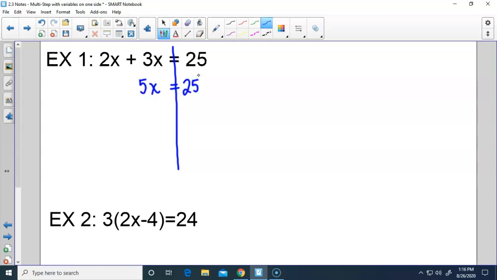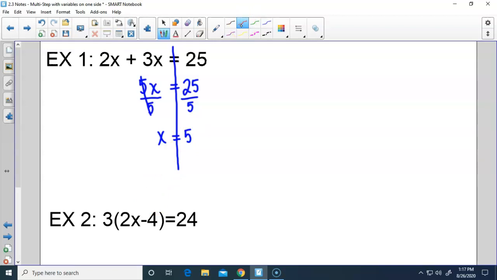And once you have combined like terms, at least for these problems, it's going to get you down to either a one or a two-step equation. So right here we have a really simple one-step equation. 5 times x, the opposite of multiplying is dividing, so I'm going to divide both sides by 5. 5 divided by 5 is 1, so that's going to cancel out, just leaving me with x. And over here, I'm going to have 5 as my answer. Now remember, you can always check these answers.